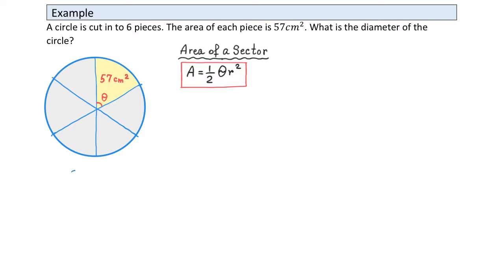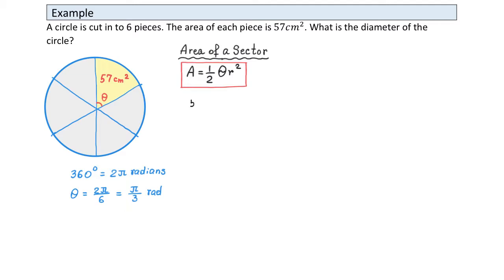And we know that 360 degrees is the same as 2 pi radians. Then we can find angle theta by dividing 2 pi by 6. If we reduce the fraction, we will get pi over 3 radians. So now in the formula to the right, we will replace A with 57 and theta with pi over 3.